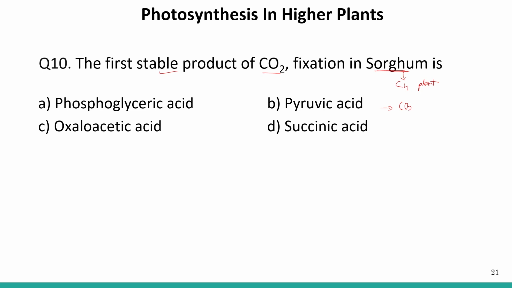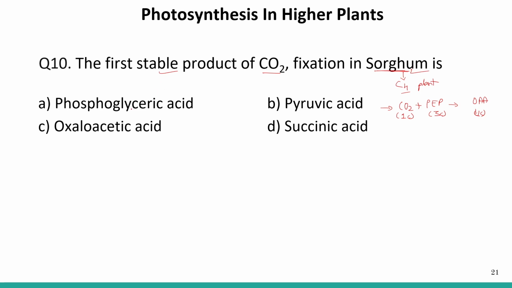Carbon dioxide is accepted by the primary receptor phosphoenol pyruvate, which is a 3-carbon compound. Alright. Then what is formed? Oxaloacetic acid, which is a 4-carbon compound, is the first stable product of carbon dioxide fixation in the C4 plants such as sorghum. Okay, other examples are maize. Okay, one more example of C4 plant is maize.